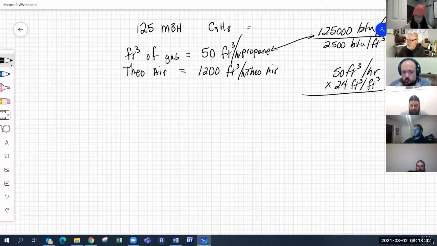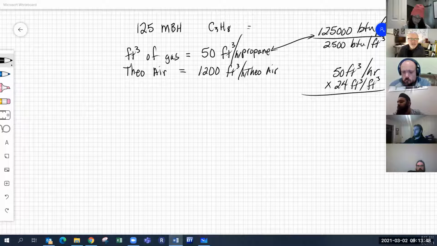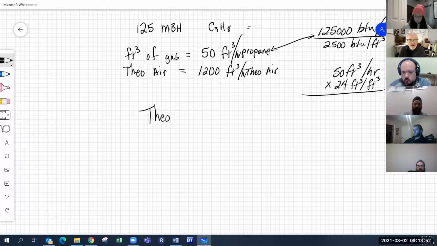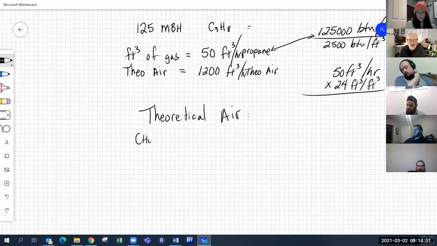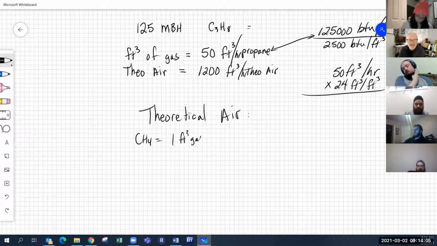So the next thing, we talked about theo-air, theoretical, and we know what we need for theoretical air. So CH4, it's 1 cubic foot gas. We need 10 cubic feet theo-air.